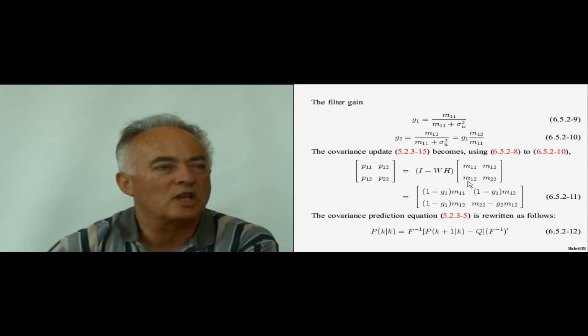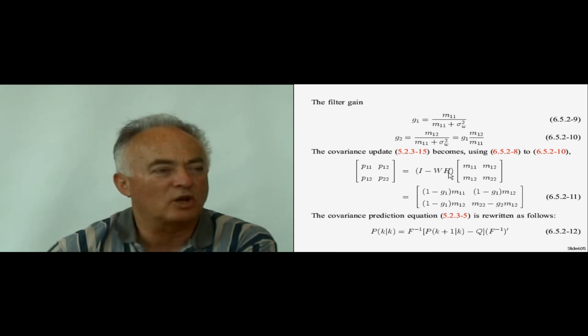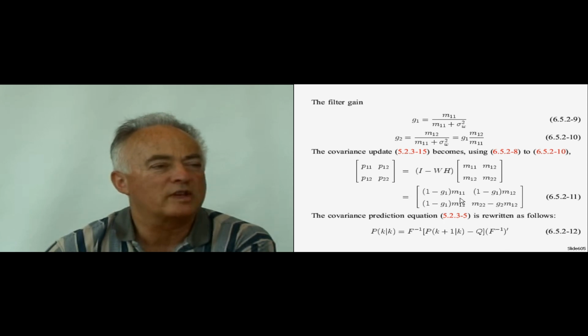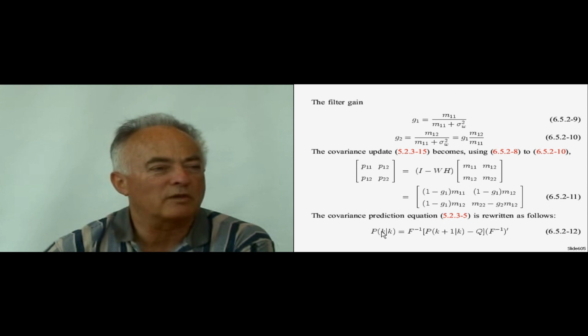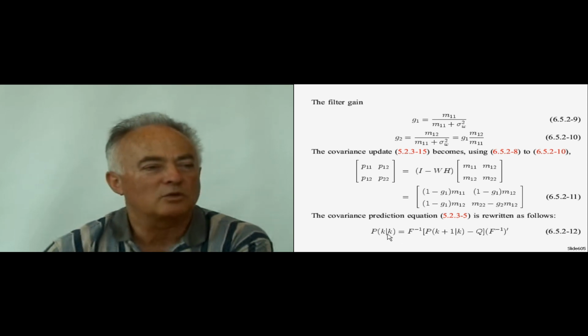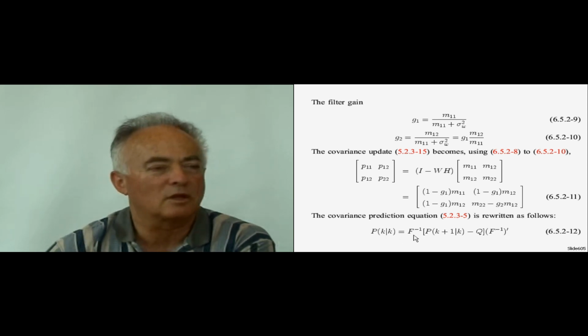So this is the state covariance update equation, and we have a covariance prediction equation. That's important. We have to write it backwards. We will multiply by F inverse, the P(k+1|k) minus Q, and then F inverse transpose to get P(k|k). This is the way to eliminate some of the terms in the final equations.